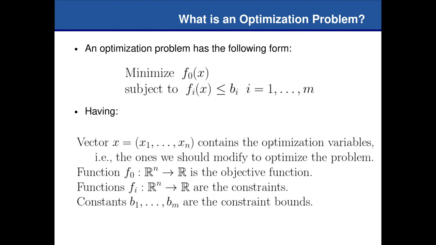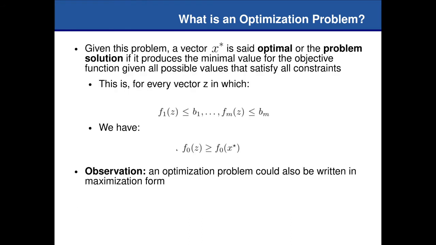This vector contains the optimization variables, a set of variables I can adapt to solve my problem, while of course satisfying the constraints. So this is the set of variables we can modify to optimize our problem, to find the final solution for our problem.